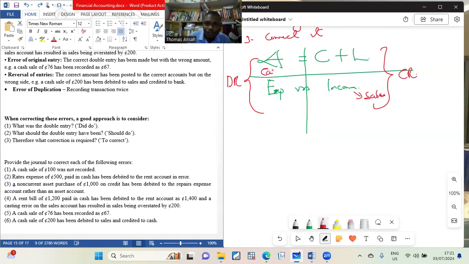Cash is part of your current assets. So know all those things, and it comes from your basic accounting. So I need to debit cash of how much? 100. Then I need to credit sales also 100.